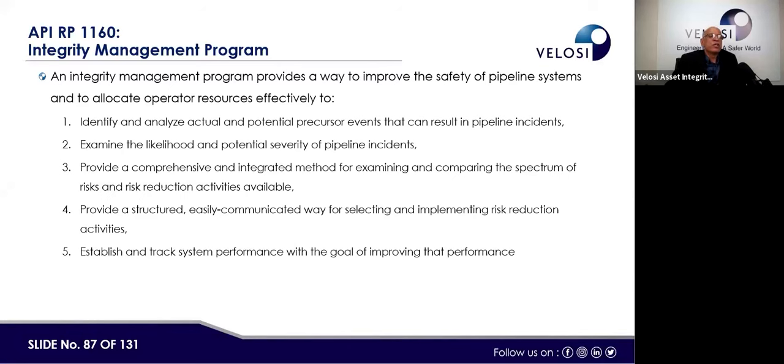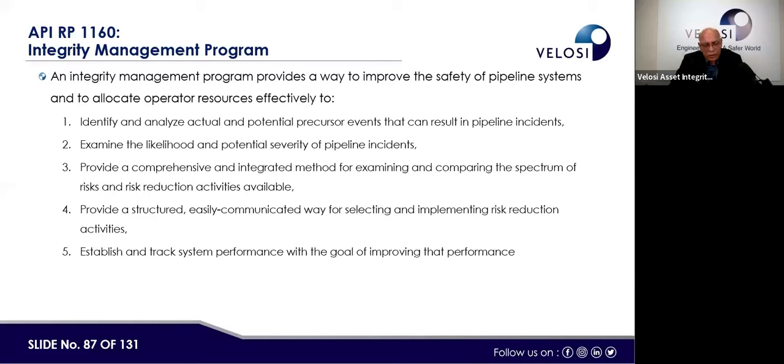So basically, if you see here, the program carries 5 steps. Identify and analyze the actual and potential precursors, like what may go wrong. Then establish the likelihood of that, then establish the consequence of that. Knowing the risk, we can develop a comprehensive integrity management program, whether inspection, maintenance, operational control, or any kind of corrective actions that can be done.